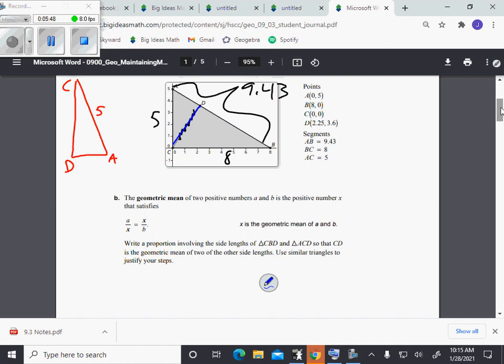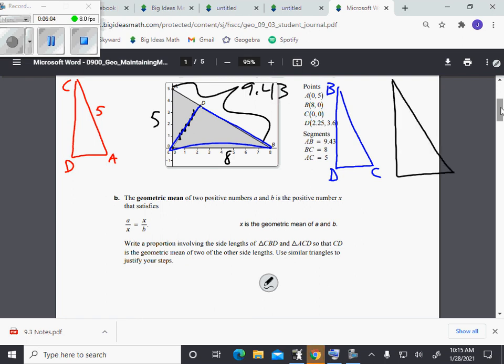In my blue triangle, this one right here, we have D, we have B, and we have C. And then our big triangle. Be careful here. What's my longest leg? It's 8. So I know that this is C, this is A, and this is B, because my longest leg, this is 5, and this is 9.43.